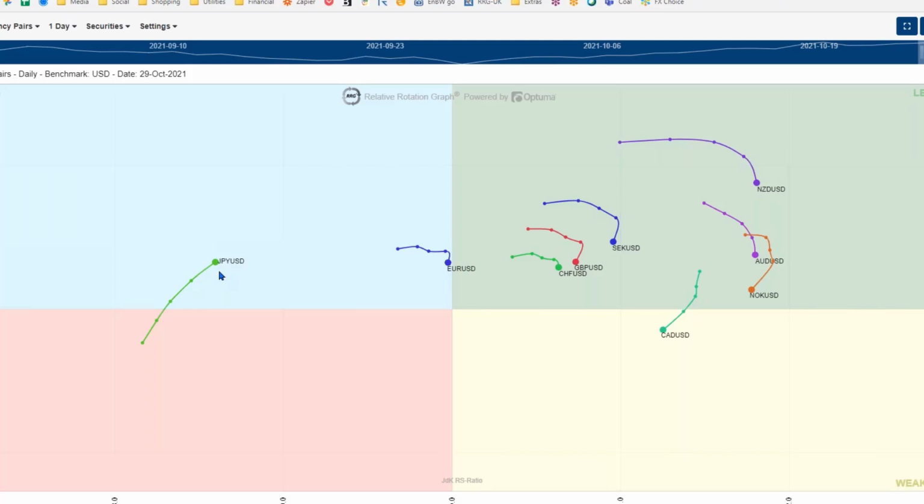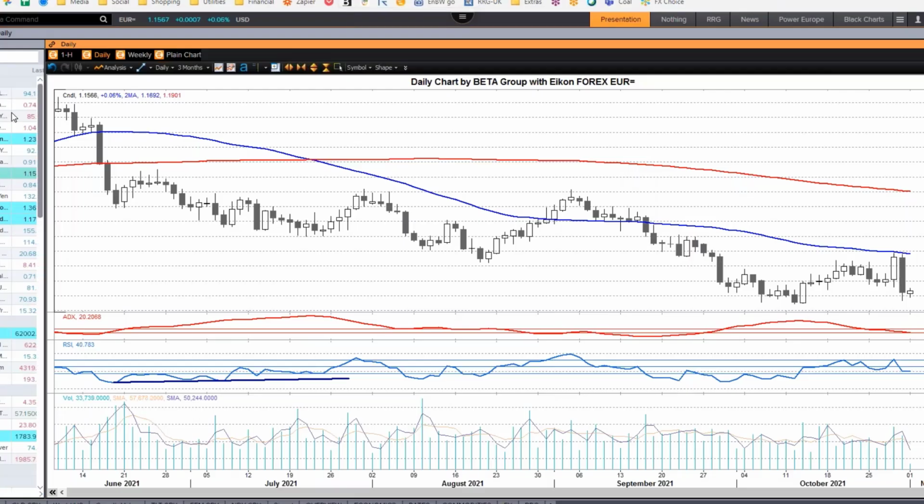And then over to the left here is the Japanese yen. This was such a stable relationship with the dollar for such a long time, but now it's underperforming the dollar. So maybe, rather than pairing versus the dollar, you might pair versus the yen, because the yen, although it's slightly improving, is still far over to the left there. That means underperforming. So let's have a look at these graphs now.